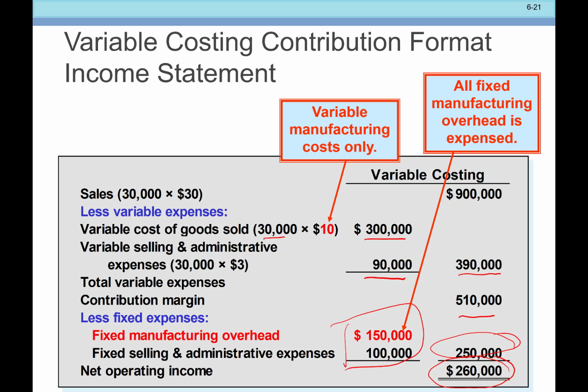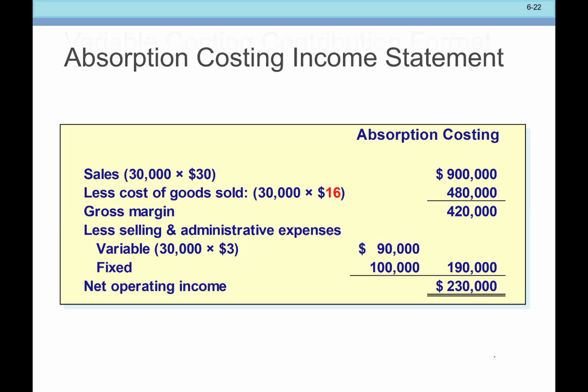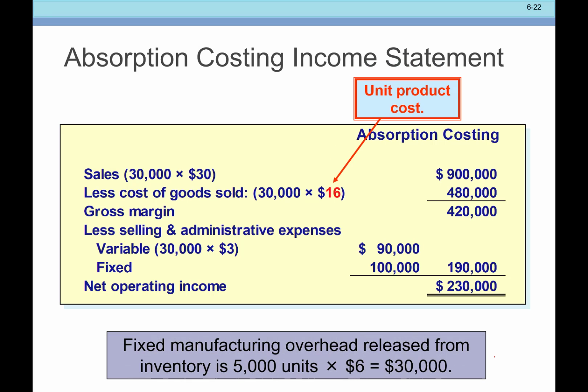Okay. Now, if I look at that same fact pattern and I do that for absorption, notice what happens. Notice that my manufacturing costs now include the fixed manufacturing cost for the period, includes the $6. So I have this 900,000 minus the 30,000 units times the 16. That gives me my cost of goods sold of 480.